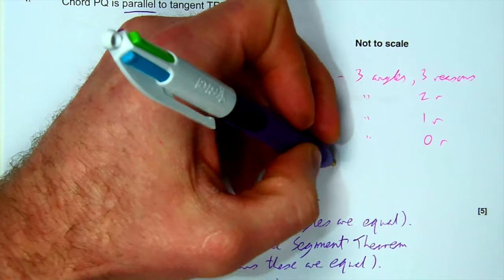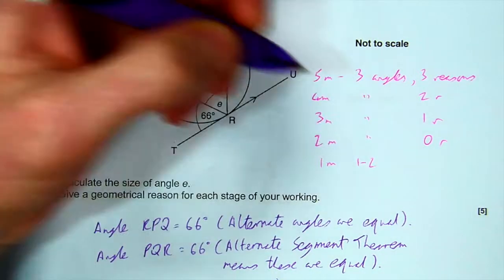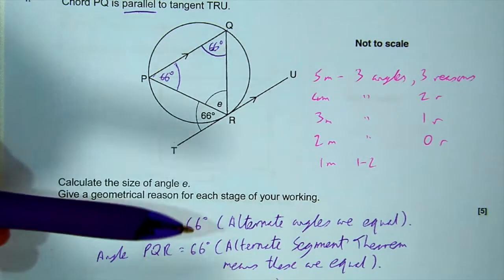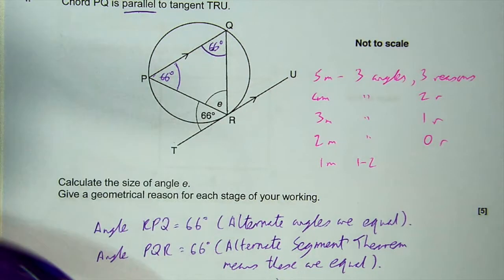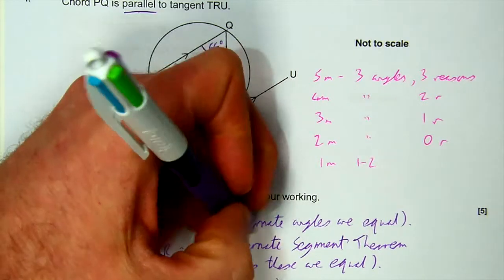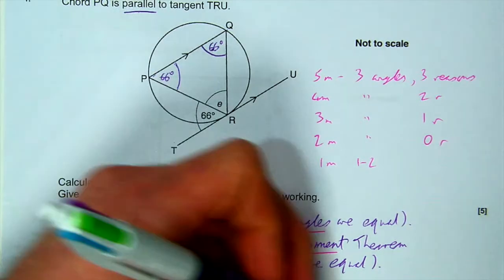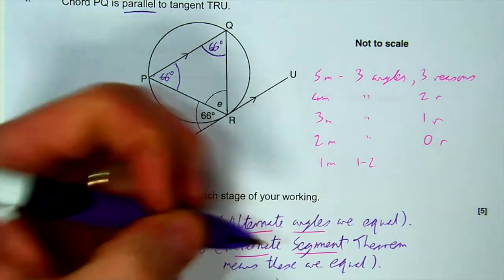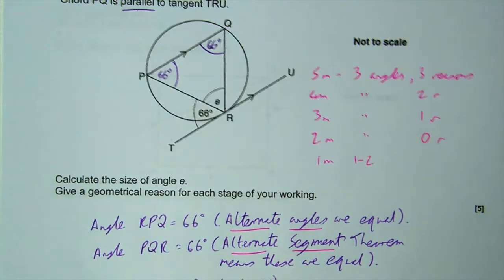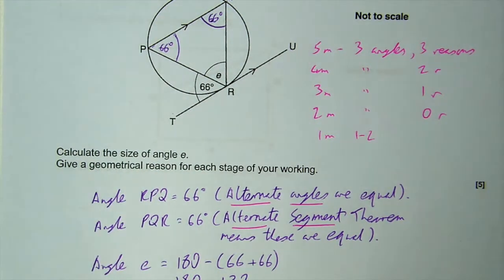And 1 mark if you only got 1 or 2 of the angles. So it's really important that you state the reason with each of these. And the mark scheme is looking for alternate angles, alternate segment, and the angles in a triangle. That's what the examiner is looking for when assessing a question like this.